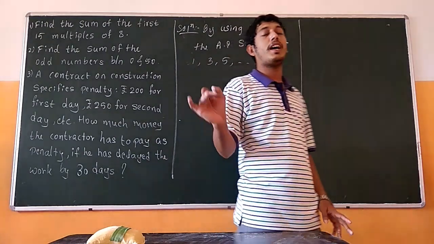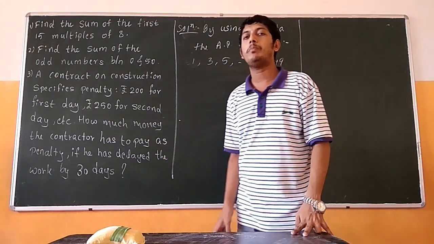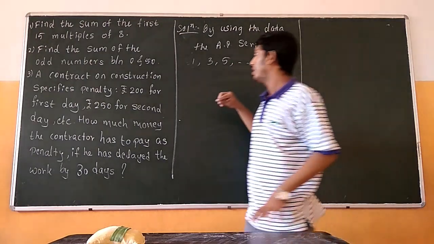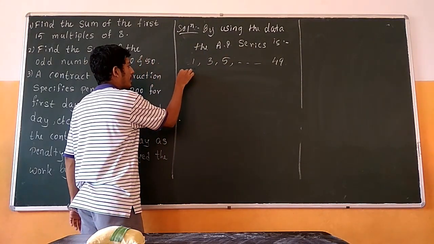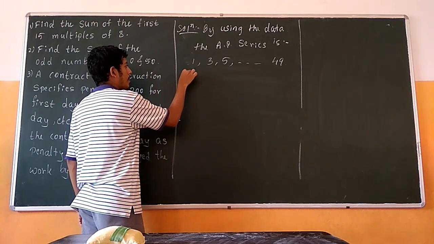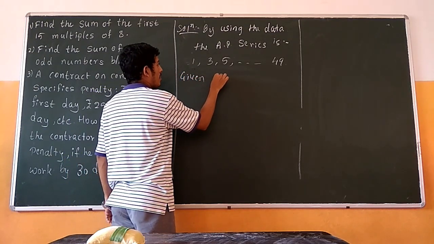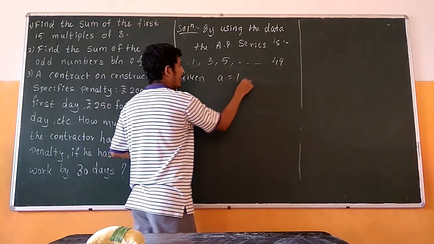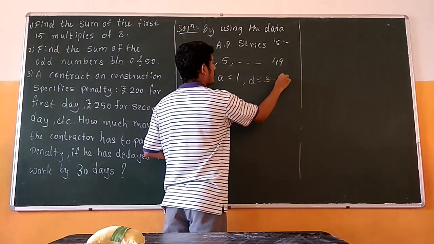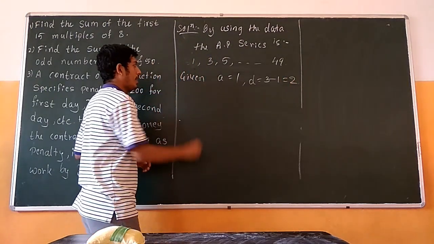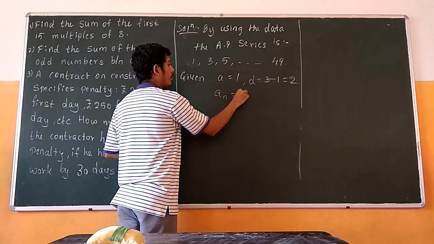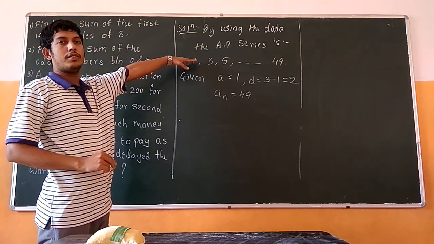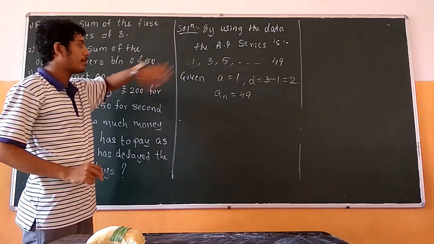By using the formula an equals a plus n minus 1 into d, we have to calculate the value of n. So here I will write the given data: a equals 1, d equals 3 minus 1, which becomes 2, and an equals 49. The total number of terms is not given; by using this arithmetic progression series we have to find these values.